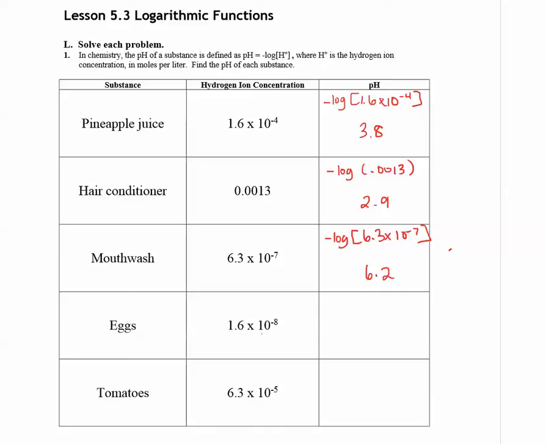And then eggs have a hydrogen ion concentration of 1.6 times 10 to the negative 8. So the pH is negative log of 1.6 times 10 to the negative 8. And this gives you a pH of 7.79. So we can round that to 7.8.